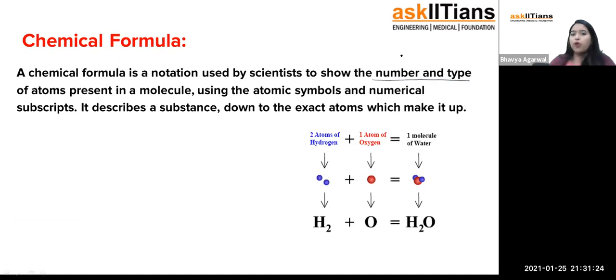The term which is important is number and type of atoms which are present in a molecule. And we do so by using their atomic symbols and numbers in the subscript. Okay. So basically, what does it describe? It describes that while formulating a molecule, what are the atoms used to make a molecule, and exactly how many of these atoms were used.